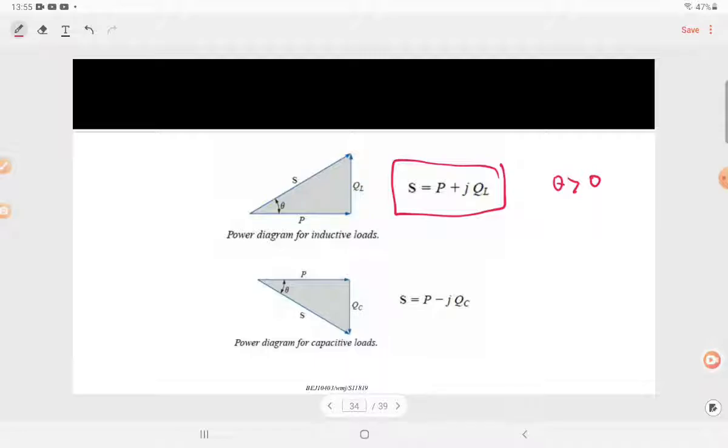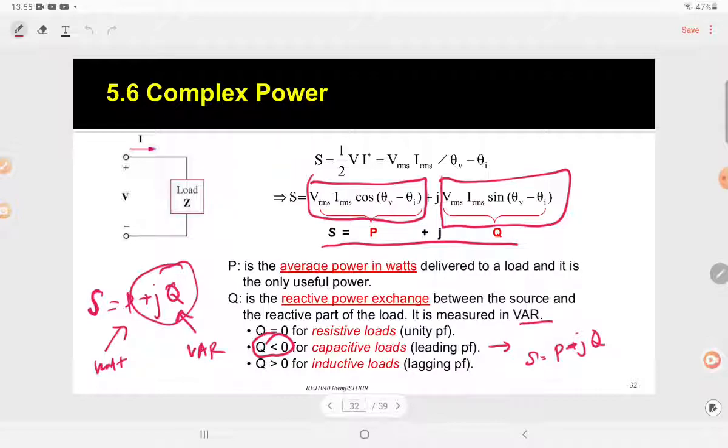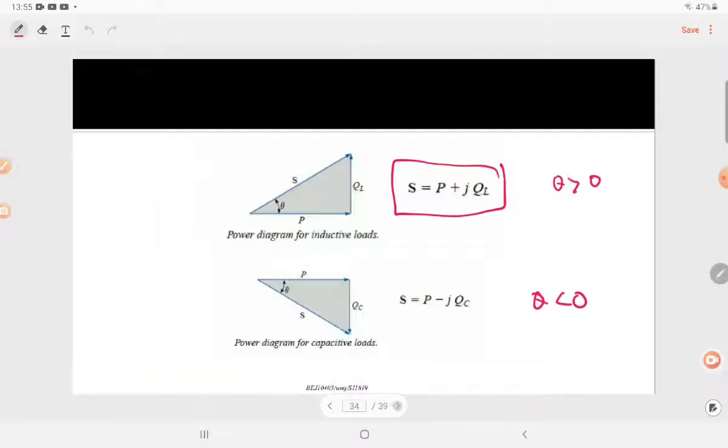And if your Q is less than 0, therefore we know that our diagram is a capacitive load. Remember, an inductive load usually has a lagging power factor, and a capacitive load has a leading power factor, right?